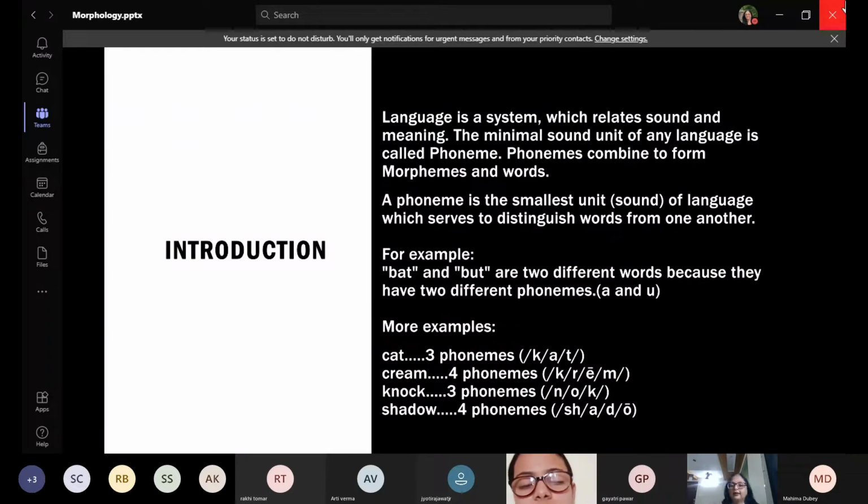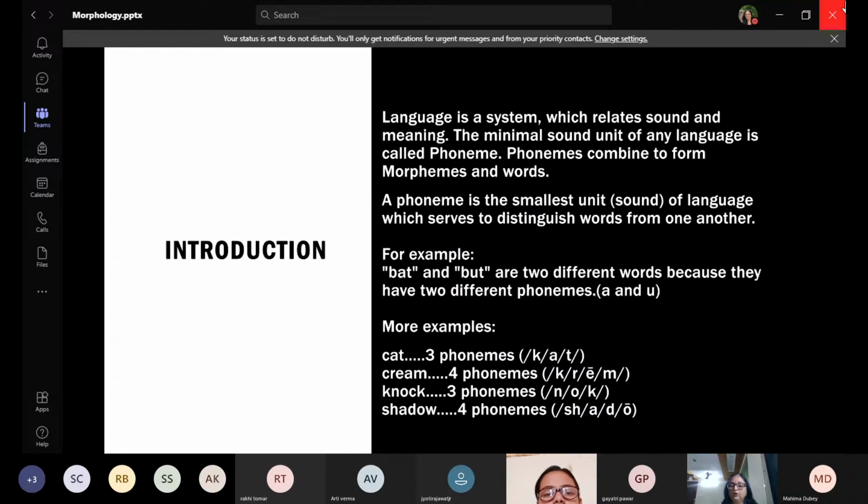Right? Now cat has three phonemes. Just a quick revision of it. Cat, three phonemes. Cream, four phonemes. Knock, three phonemes. Shadow, right, four phonemes.